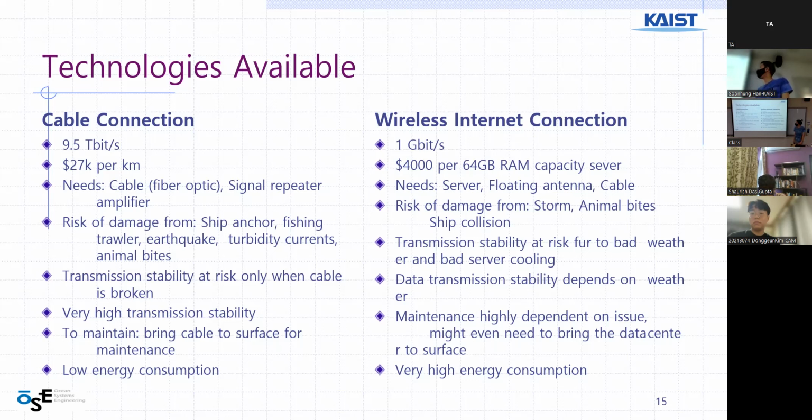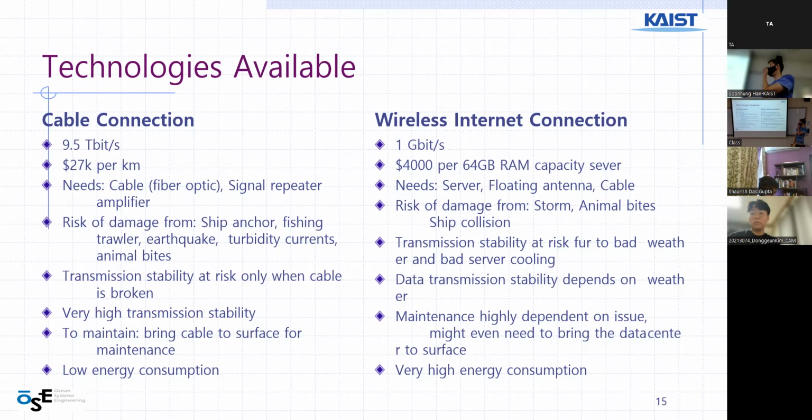What they need is more or less that they both need cable. For the wireless internet connection, it's the cable from the floating antenna to the server itself. And for the cable connection, it's from the server to the LAN. Also, a signal repeater and amplifier are needed for the cable connection since the signal can drop in the middle of transferring.